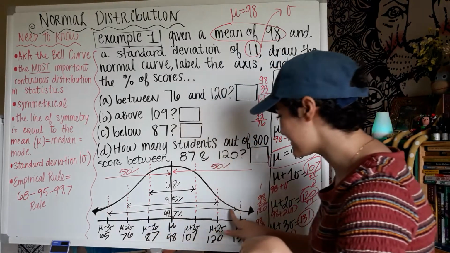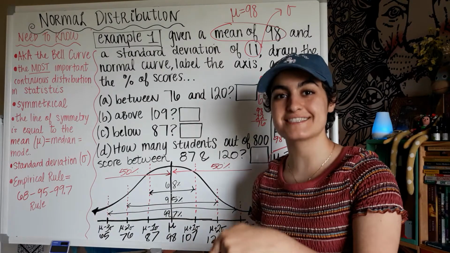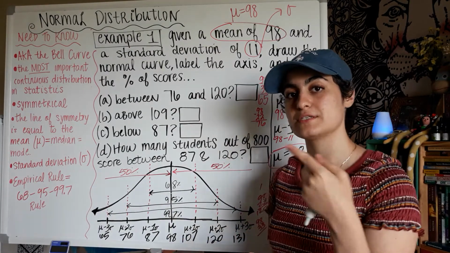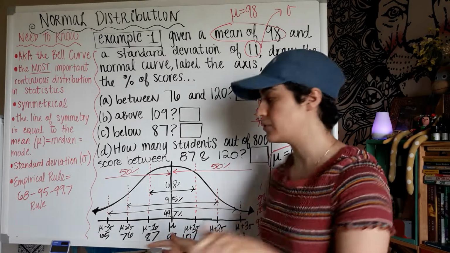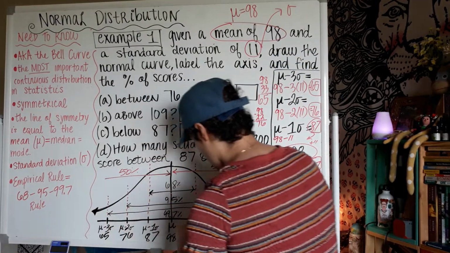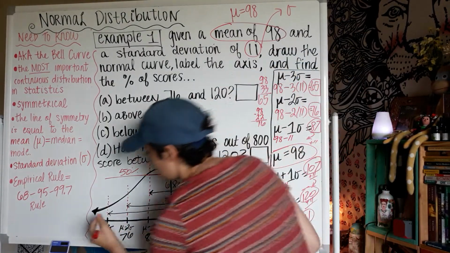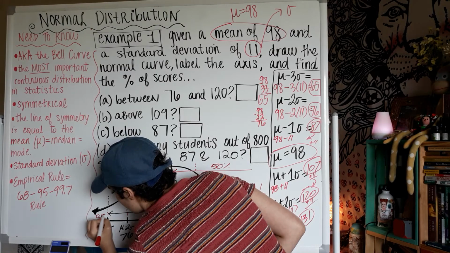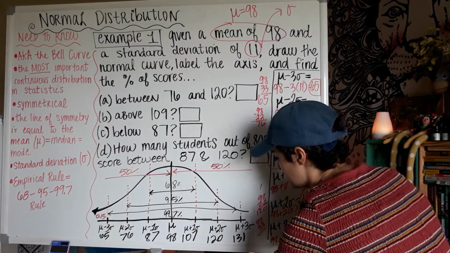This is 99.7 right here. So 100 minus 99.7 is 0.30. 0.30 divided by 2 is 0.15. So this is 0.15. That is so ugly.